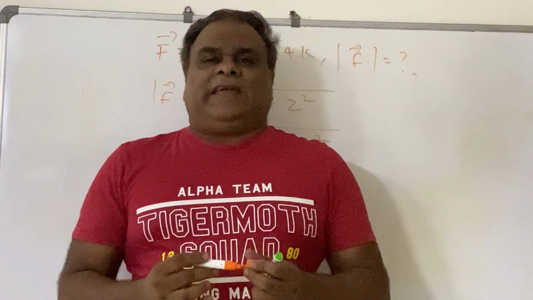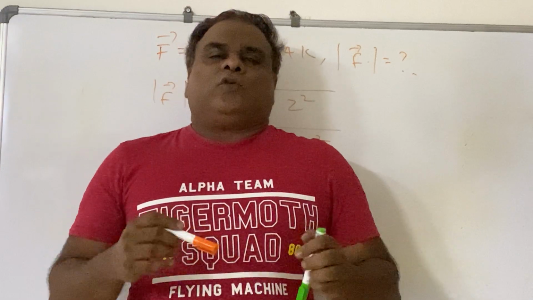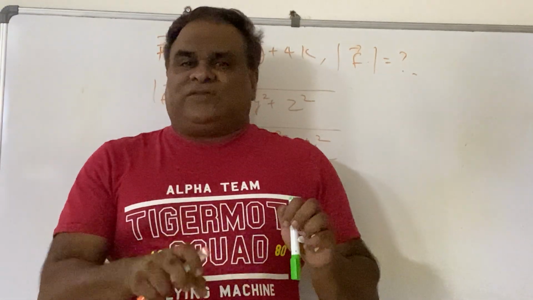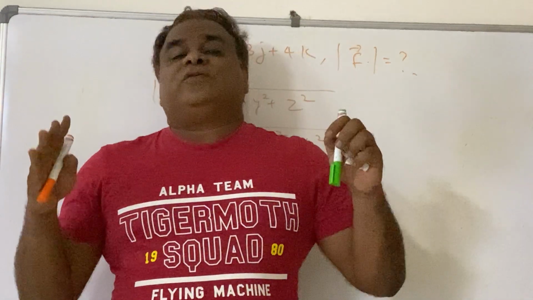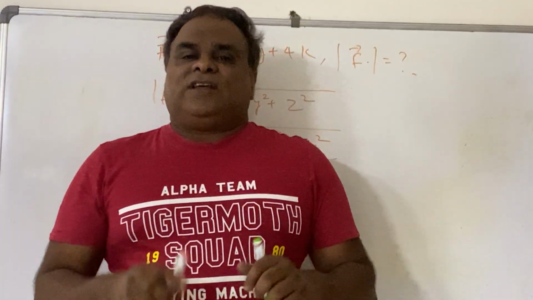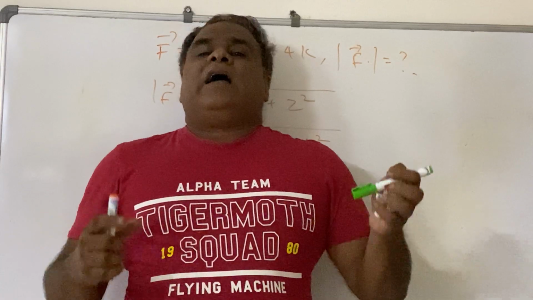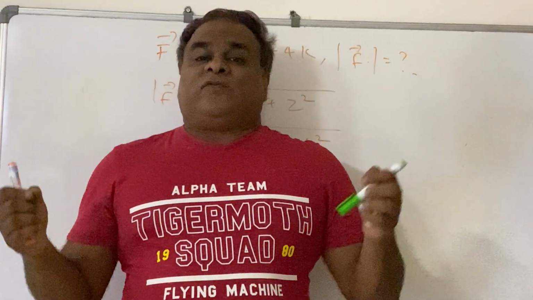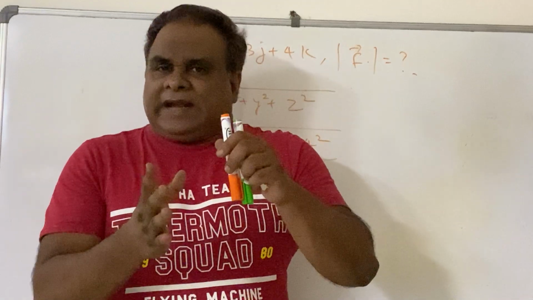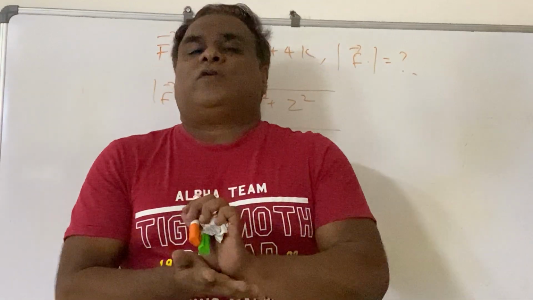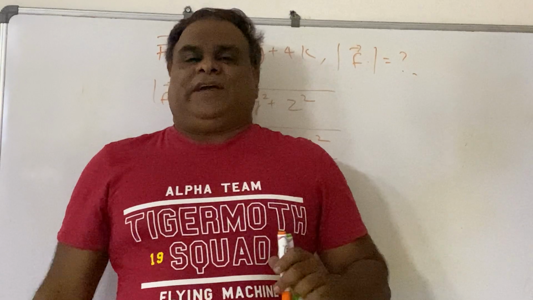To summarize, what is the summary of this video? A vector can be represented in terms of i, j and k. Generally, vector f, for example, I can write as xi plus yj plus zk. You get it from the parallelogram law, as I explained here.